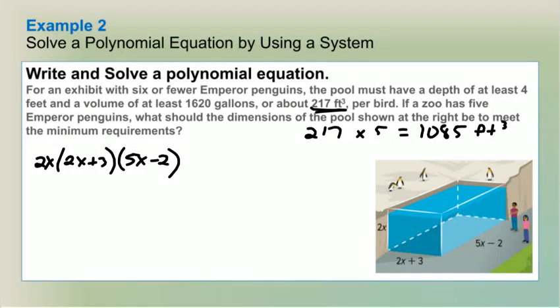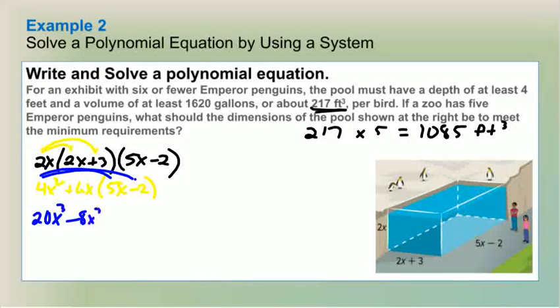So if I distribute here, this gives me 4x squared plus 6x, and then I'm going to multiply that by 5x minus 2. And this is going to give us 20x cubed minus 8x squared plus 30x squared minus 12x.